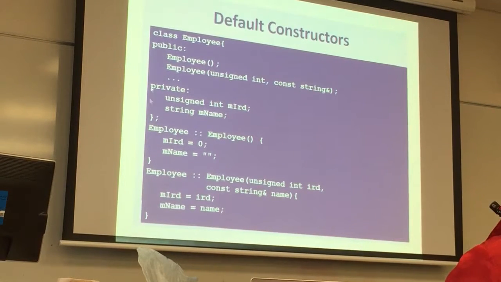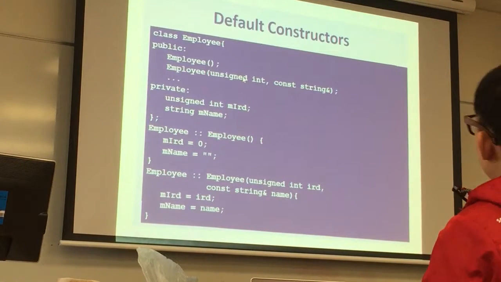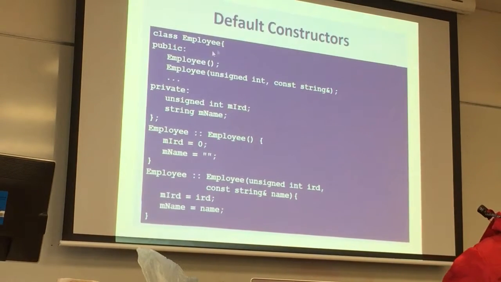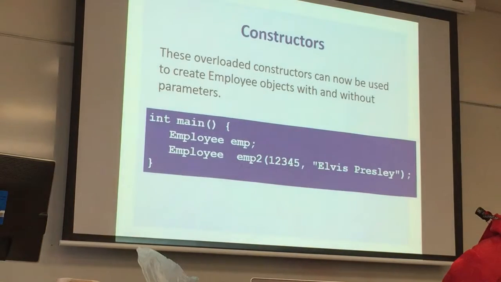So, rule. If you have no constructor, the system will generate something like this, which gets your data in good shape. As soon as you put a constructor like this, you have to add the default constructor. And we will see the default constructor is a must for arrays of objects.